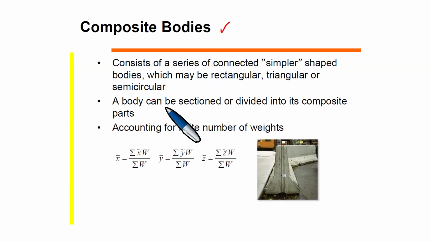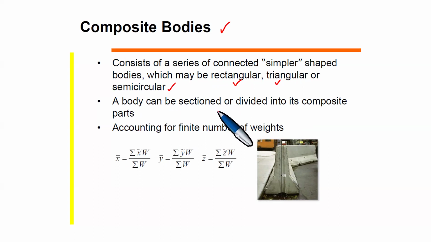A composite body consists of a series of connected, simpler shaped bodies, which may be rectangular, triangular, or semicircular. We looked at rectangular and triangular, but we shall also look at how to deal with the centroid of a semicircular surface.